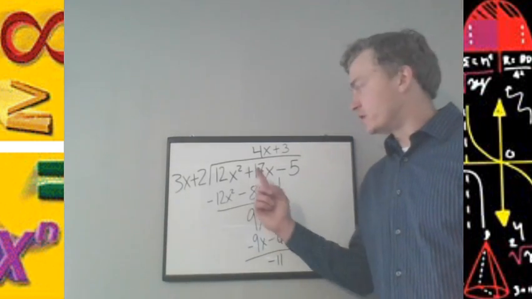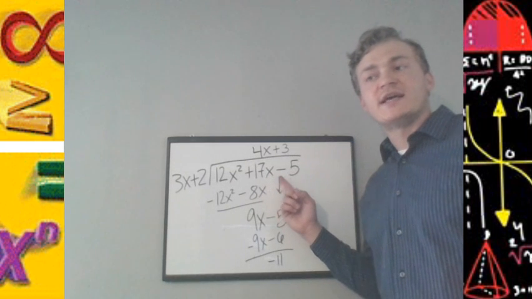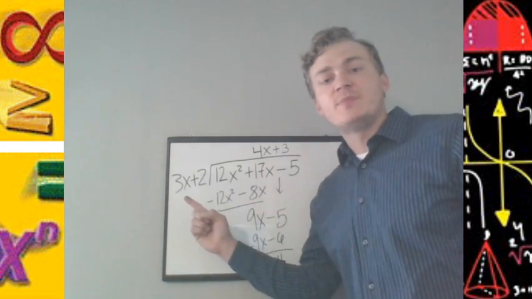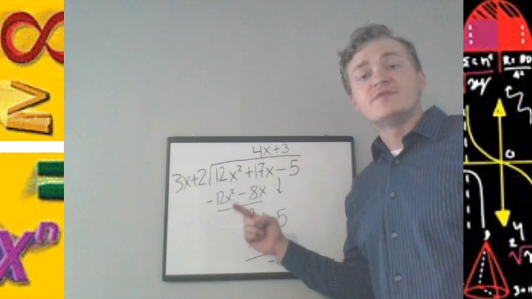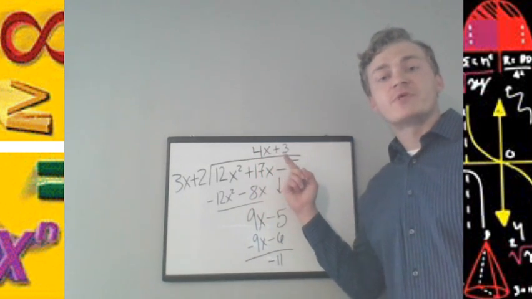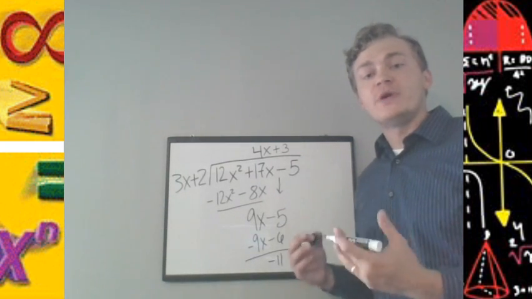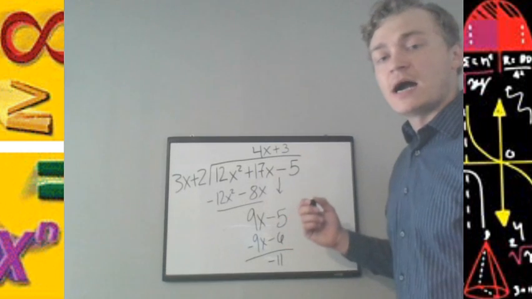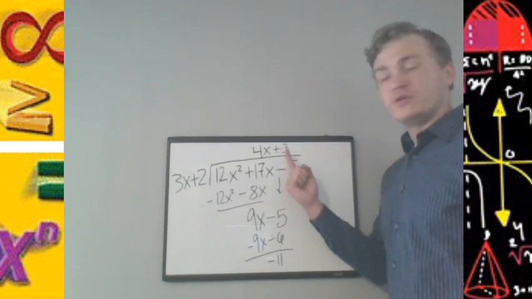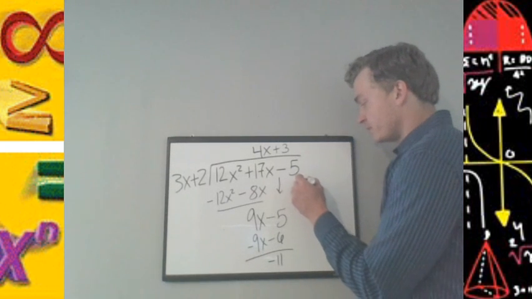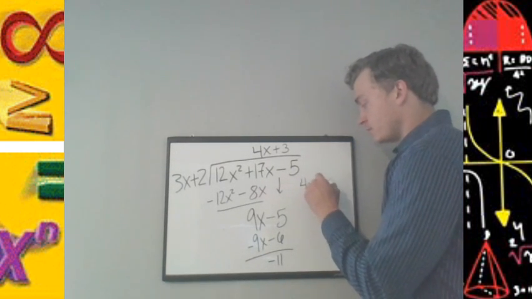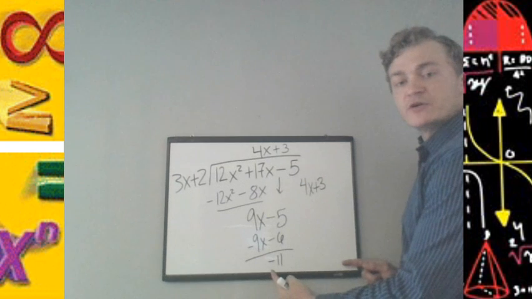So what do we have here? 12x squared plus 17x minus 5 divided by 3x plus 2 gives us 4x plus 3 with a remainder of negative 11. How do we express this answer? Our quotient, our result, is 4x plus 3 with a remainder of minus 11.